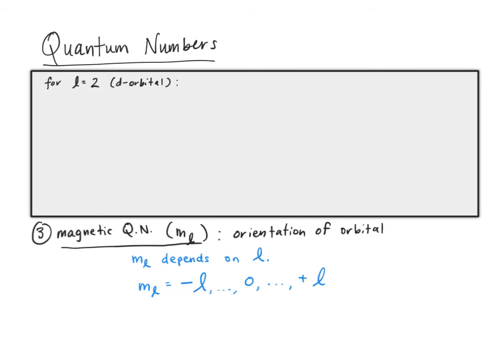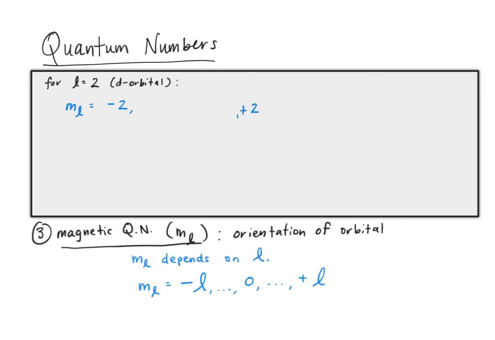For a d orbital, where L is equal to 2, the possible values for M sub L, according to this rule down here, could be -2, and counting in integers through 0 will eventually get to +2.